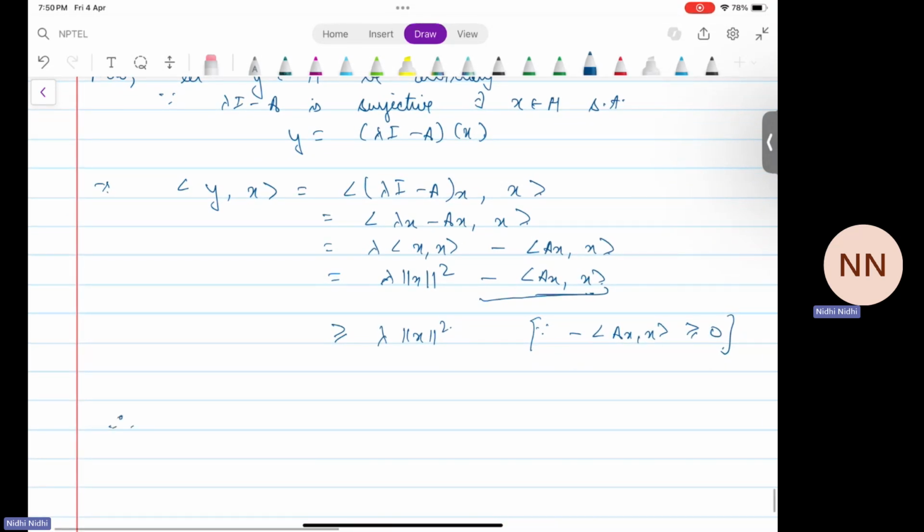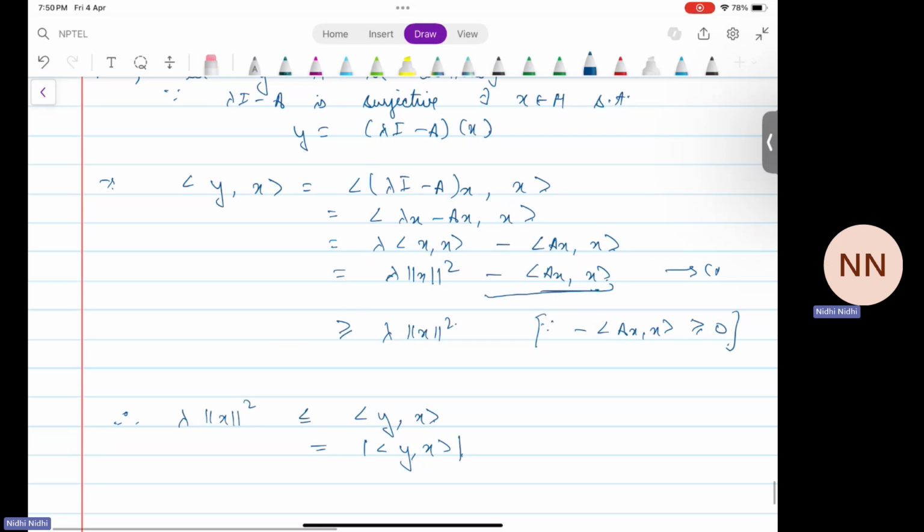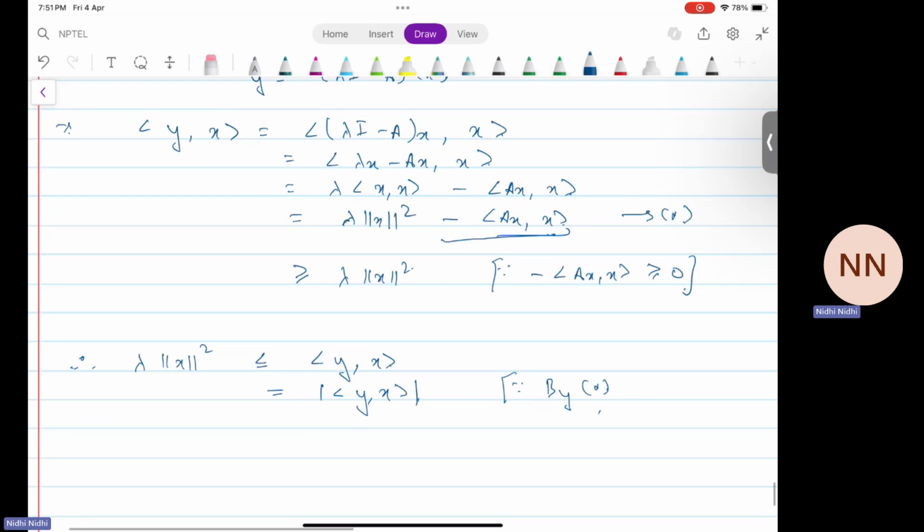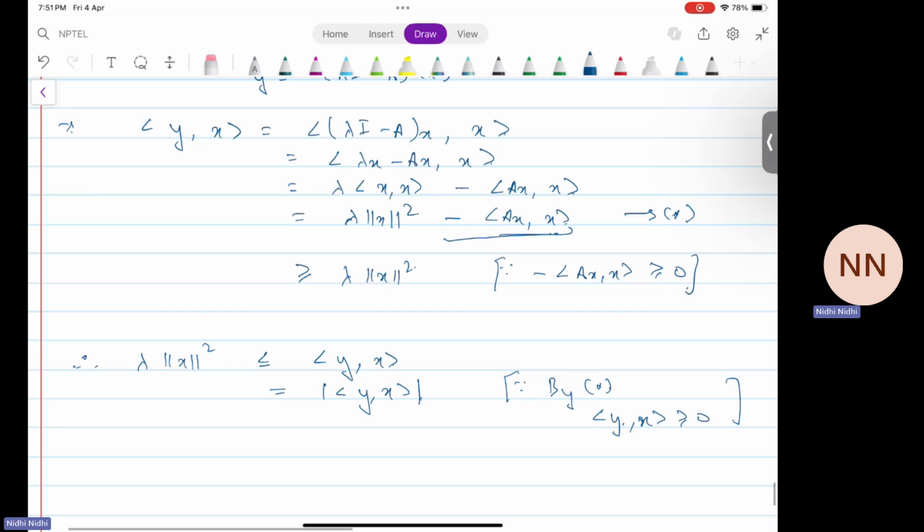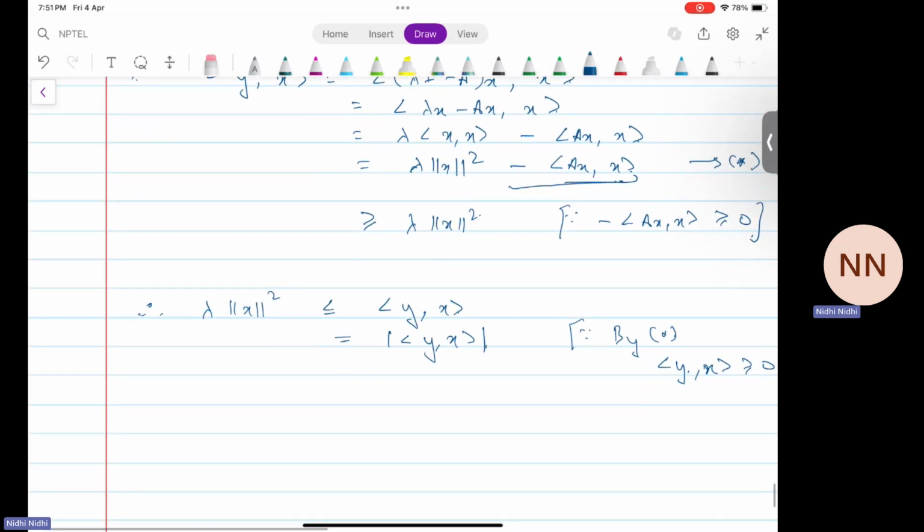Therefore, we get lambda times norm x square less than or equal to the modulus of the inner product of y with x. This is equal to the modulus of the inner product, because if I mark this as star, by star, this is positive. This inner product is positive because obviously norm x square is positive, and we are given that the inner product of Ax with x is negative, so minus the inner product of Ax with x is positive. So since this is positive, it is equal to its absolute value. And now we will use the Cauchy-Schwarz inequality. This is less than or equal to norm y times norm x.